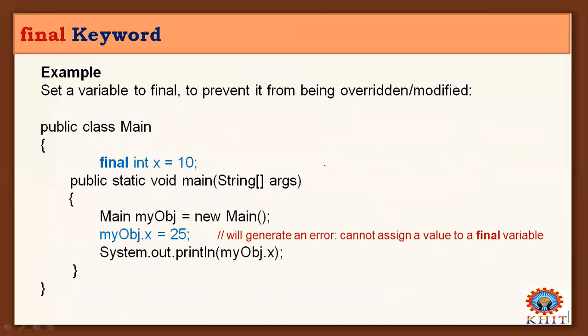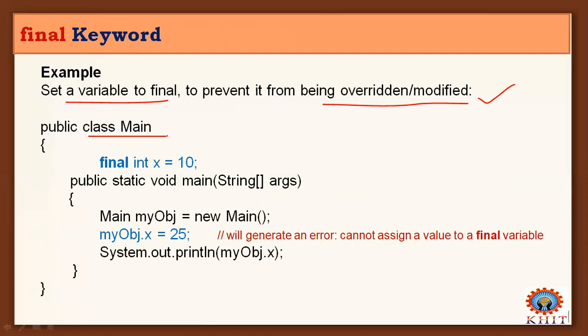Example, and we will see an example for declaring or defining a variable as final. The final method was already covered in the previous ones, and the final class we will see in upcoming concepts. Set a variable to final to prevent it from being overridden or modified.